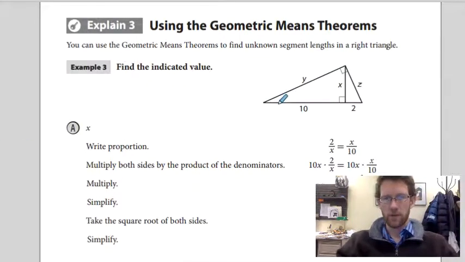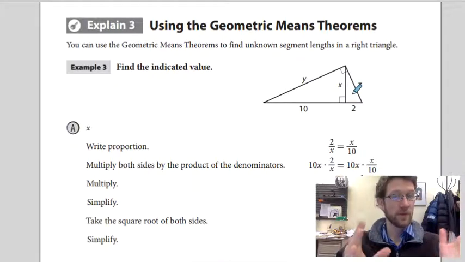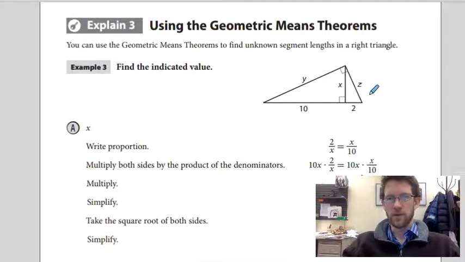Okay, so this one here, we have this same setup, right? We have a right triangle with the altitude. So we know all three triangles are similar. This is a good proof of the geometric means too. We know that all three are similar, right?